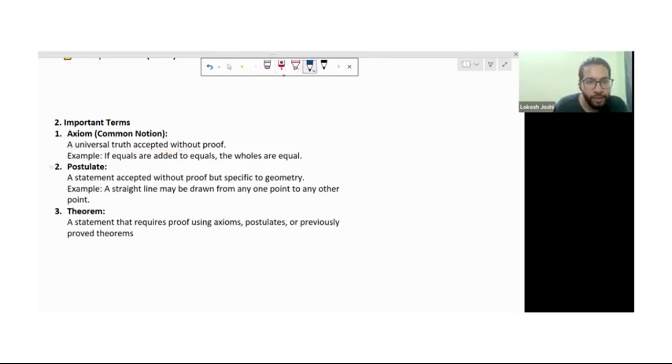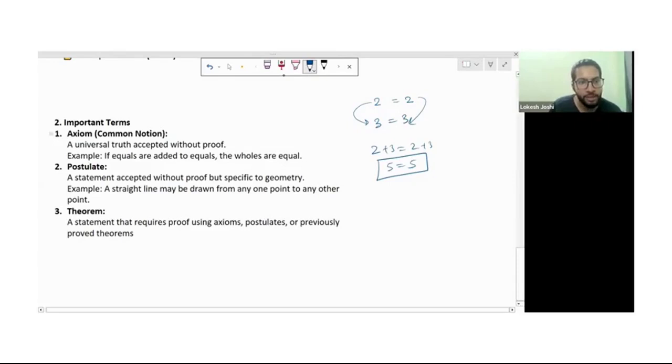For example, if equals are added to equals, the wholes are equal, which means suppose we know 2 is equal to 2 and 3 is equal to 3, and if we add both of them, 2 plus 3 is equal to 2 plus 3, 5 is equal to 5. We know that if two equal numbers are added, then the answer is also equal. We don't need to prove such things. These are just by the statement. So such terms are known as axioms.